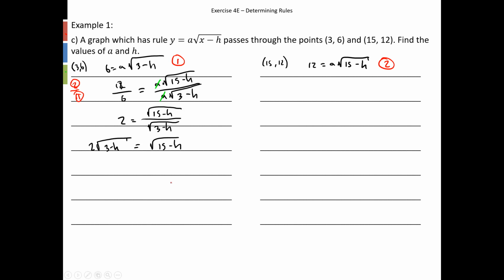From here, all it is, is square both sides. So we'd have 2 squared times 3 minus h. How I forgot that, I do not know. So we just square, and we end up with 4 times 3 minus h equals 15 minus h.